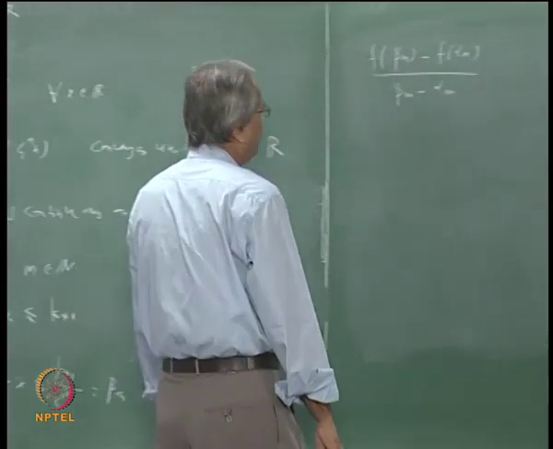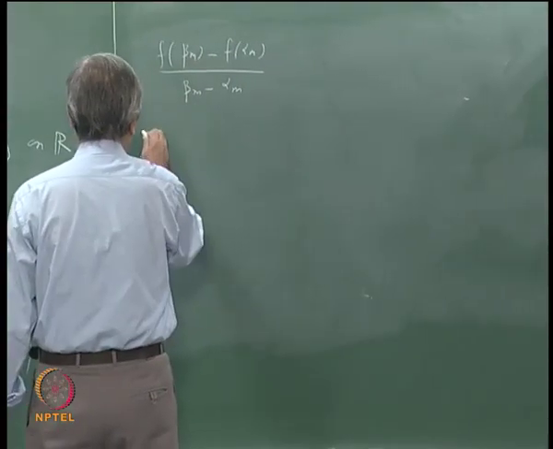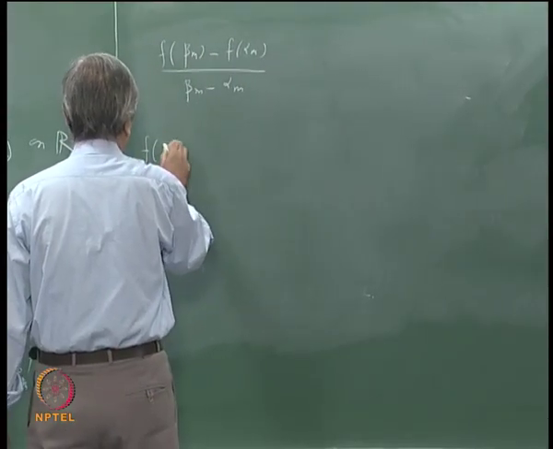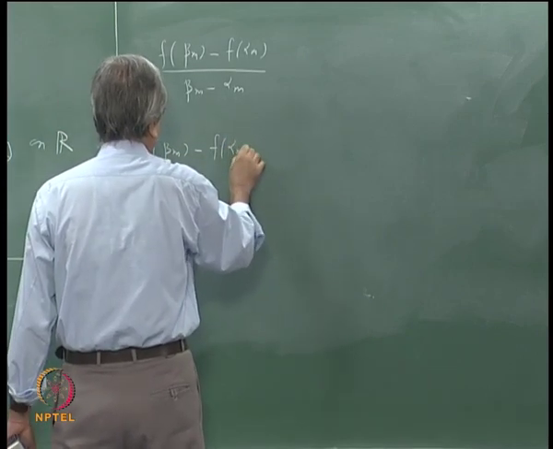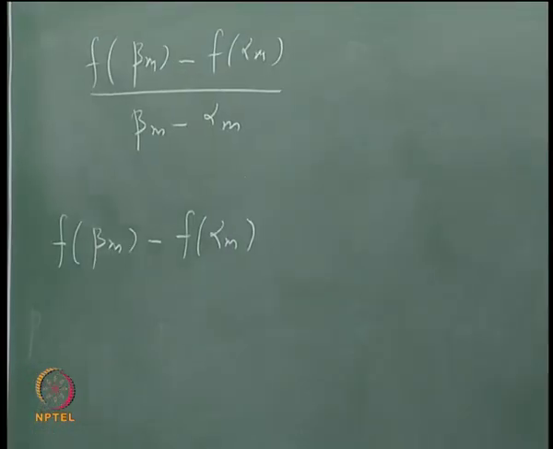Now to calculate that, let us first look at the numerator, f of beta m minus f of alpha m, because as far as beta m minus alpha m is concerned, we already know that it is 1 by 4 to the power m, so there is nothing much to be calculated.